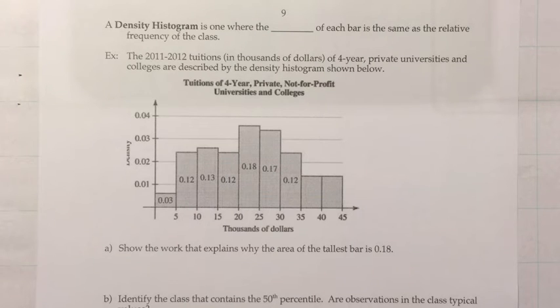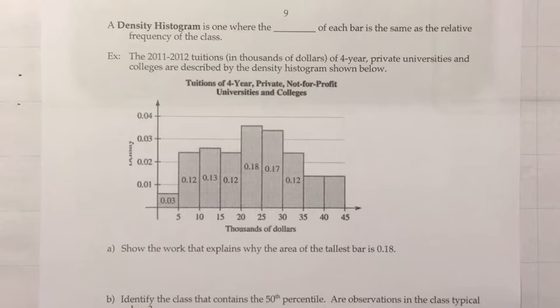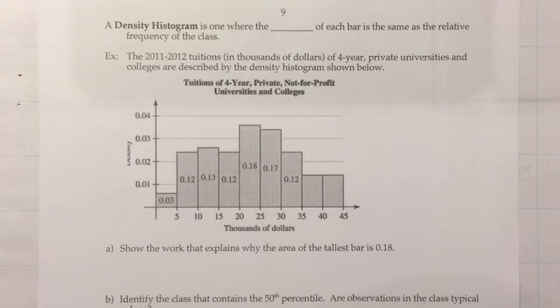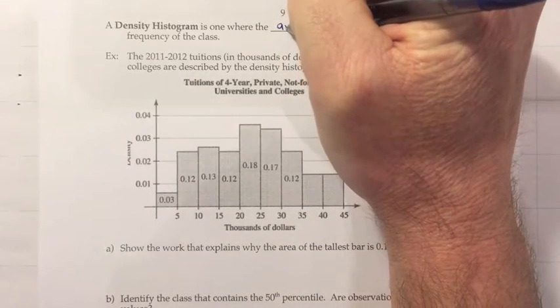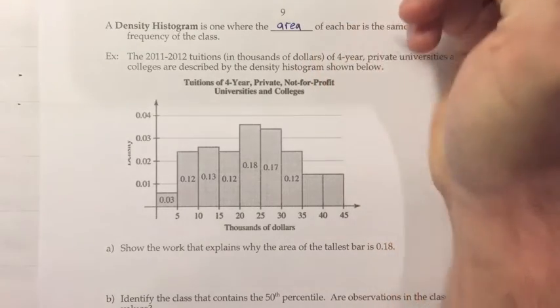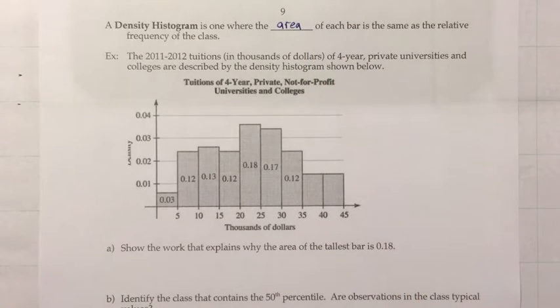All right, we have one final example here, and this one involves a density histogram. So let's go ahead and define that. A density histogram is one where the area of each bar is the same as the relative frequency of the class. So remember that the area of a bar is its length times its width.